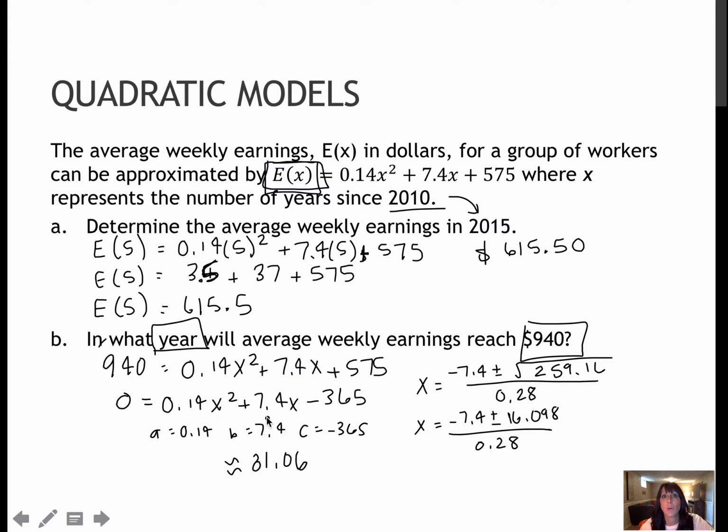They're asking me in what year this will happen, and of course I then need to look at my 31.06 and know that that means years since 2010. So the year would be 31 years after 2010, so 2041 is the year that we would expect average weekly earnings to reach $940.